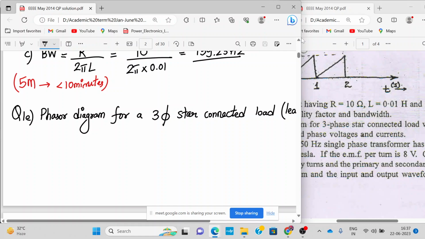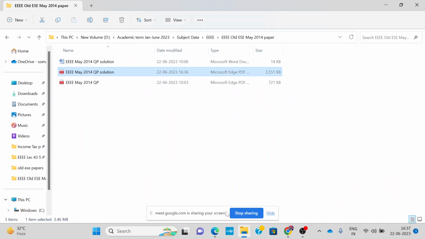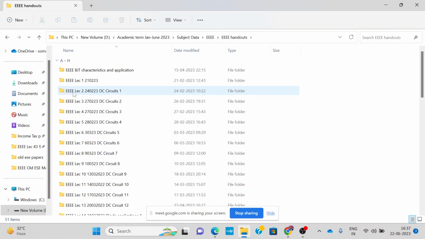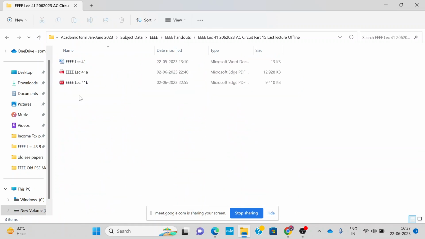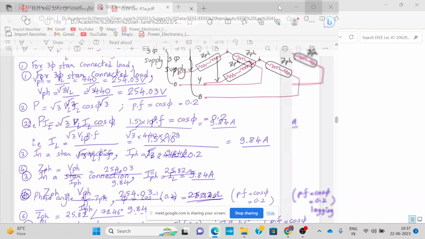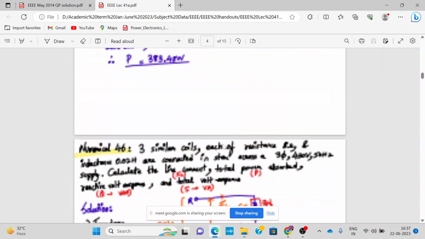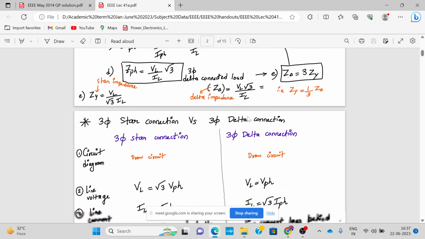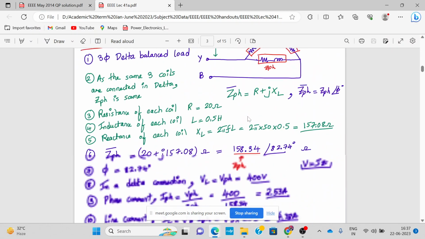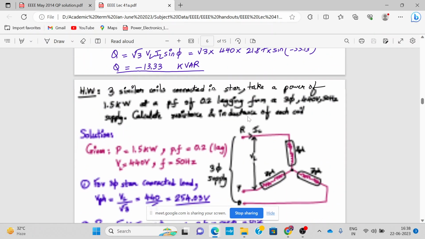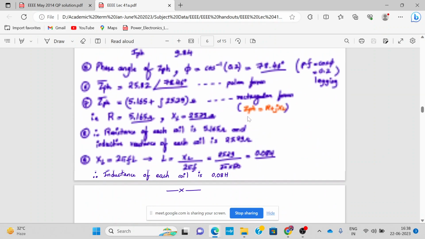Okay, let me open and check lecture number 41. There are some numericals which I have solved, but this is not there.